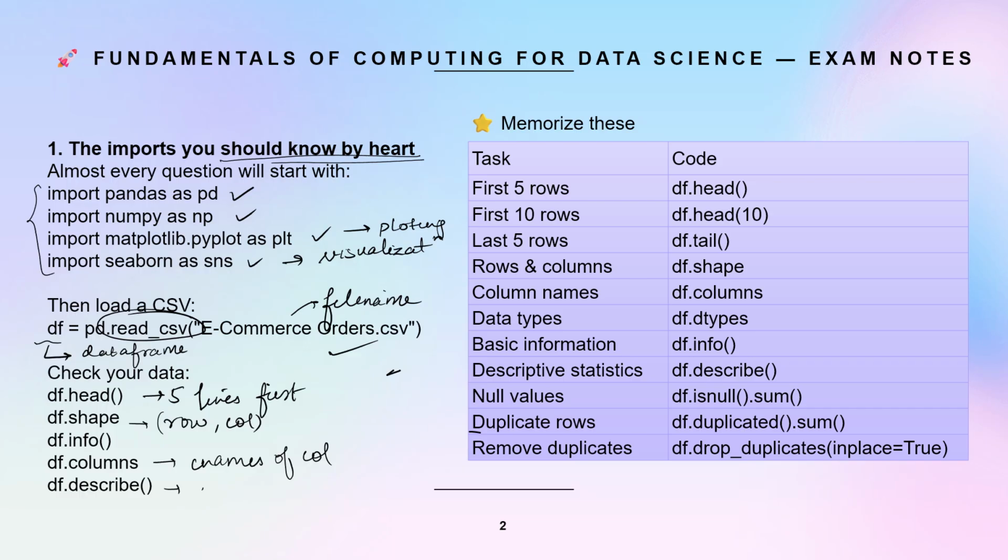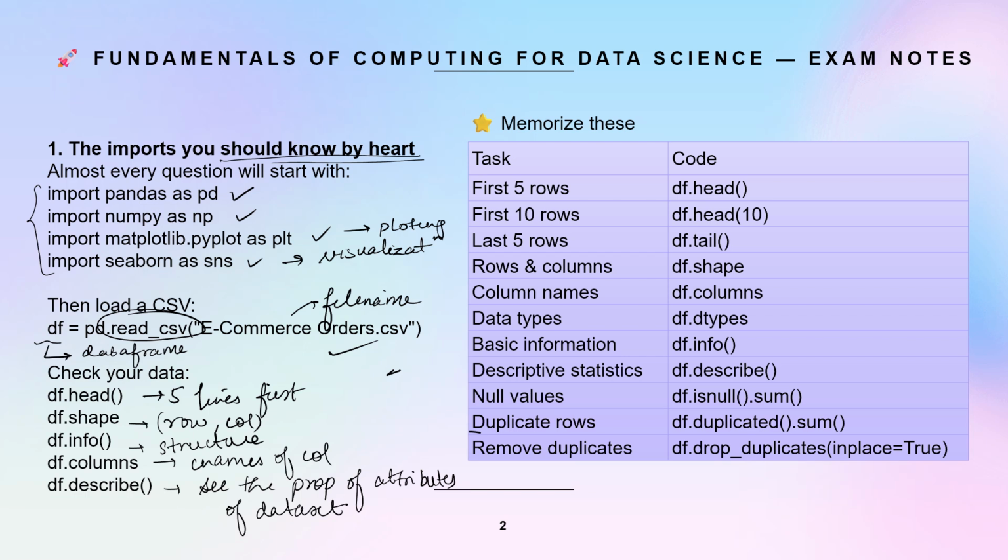Describe is used to see the properties of the attributes of the dataset. Structure. So this is what you should check in your data first.